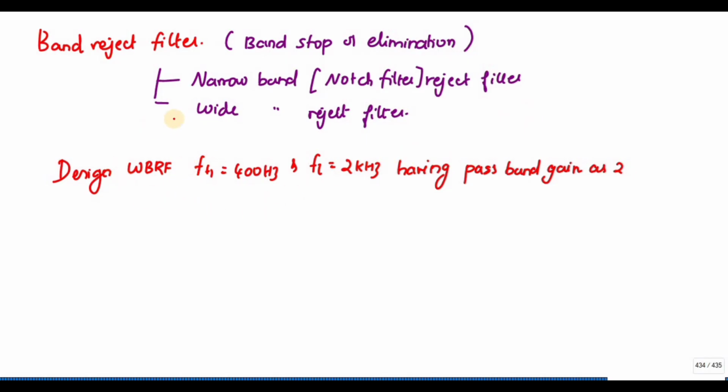We know that for a wide band reject filter, the Q must be less than 10, and it can be formed by adding a low pass filter with a high pass filter.